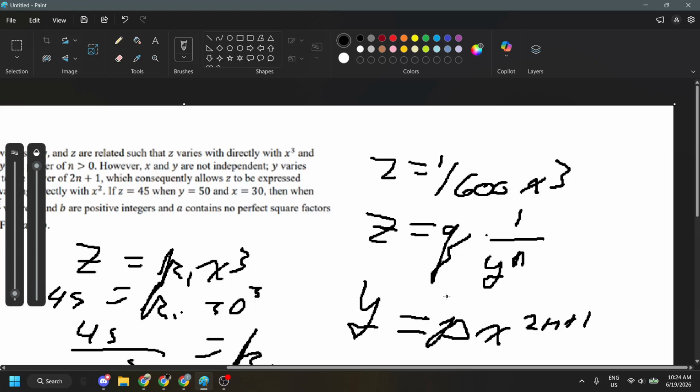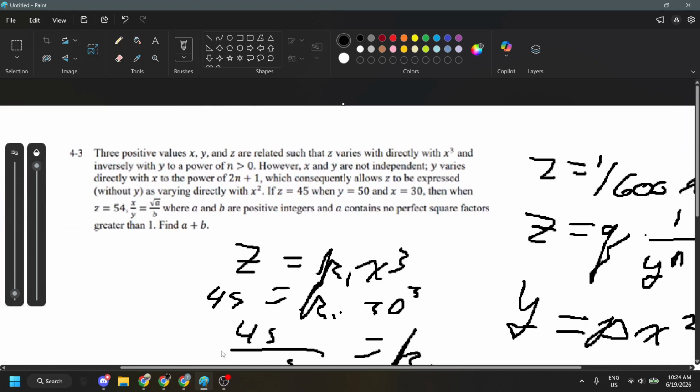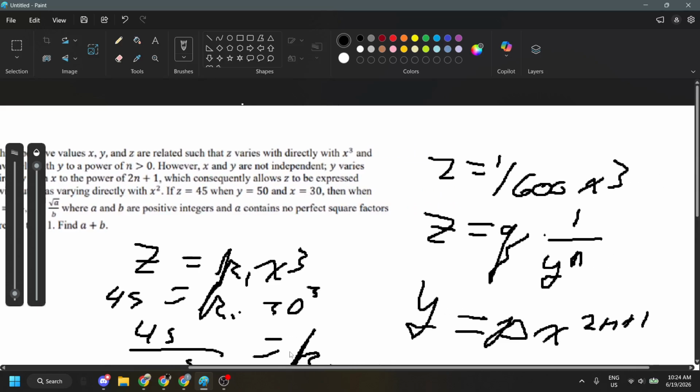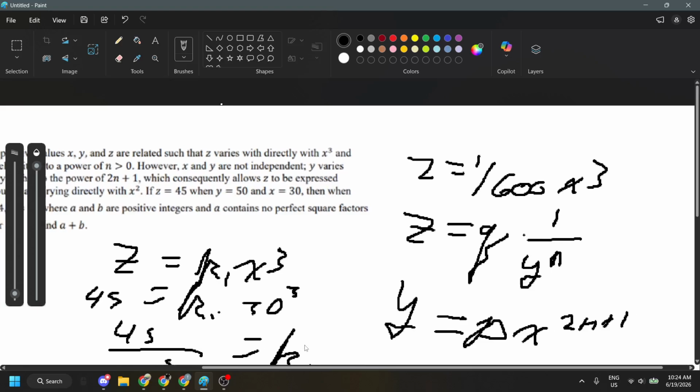But that's not a direct relationship, that's an inverse relationship. I don't really get it.